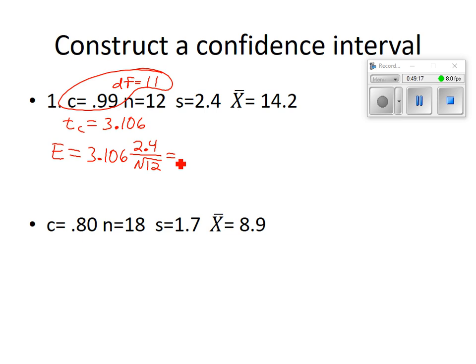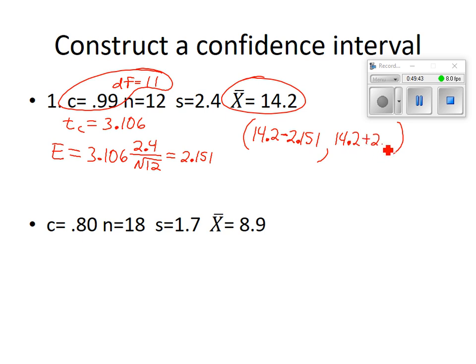It's 2.151. Now, once we have that, that's our E. Now what we do to find our interval, we take the X bar, 14.2, minus 2.151. And on the other side, we take the X bar and add 2.151.